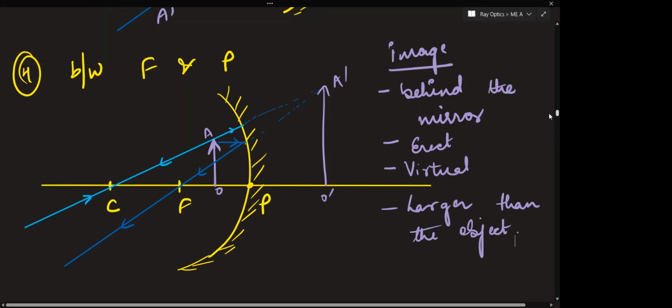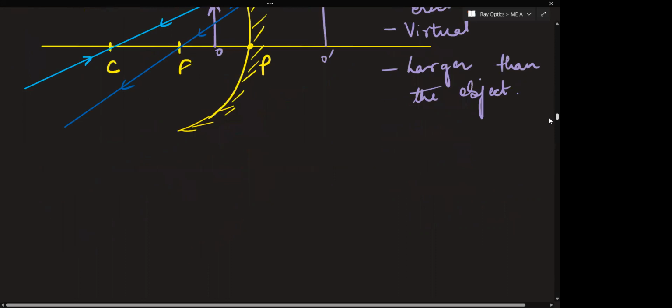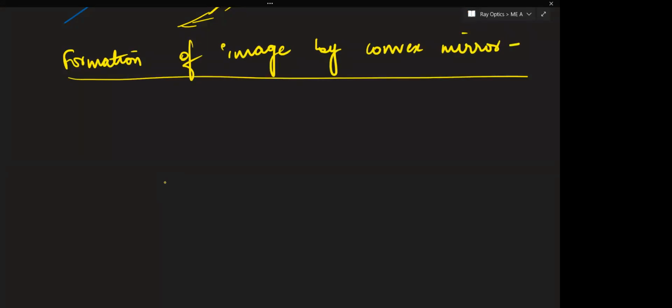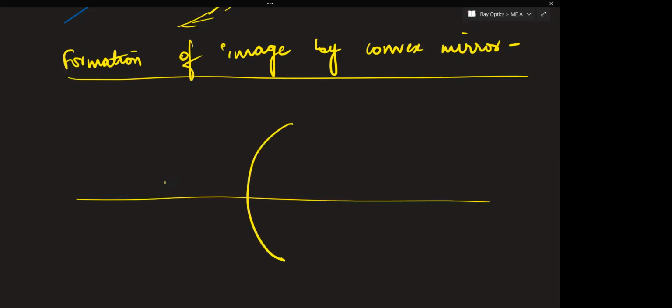For the convex mirror, you just have one single case. Formation of image by convex mirror. This is your convex mirror.